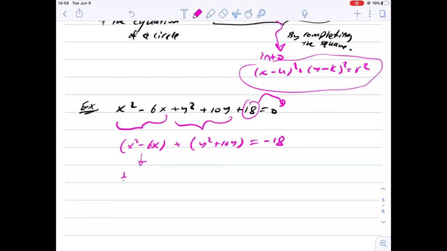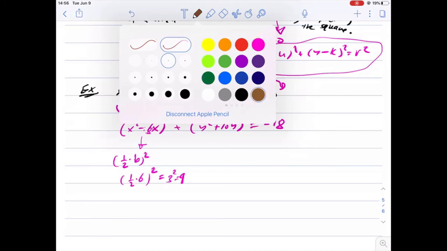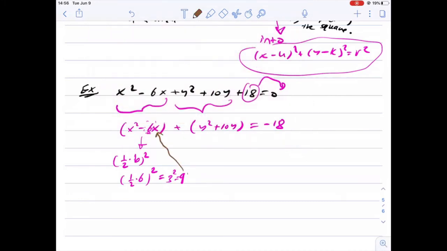How to complete the square? If you remember from the previous video, we take the coefficient of x, I mean b, and the coefficient of x squared is a, so we multiply b by 1/2 and square it. So 1/2 times 6, and we don't need to worry about the negative sign because we are squaring. So that means that will cancel the negative sign. So 1/2 of 6 is 3, squared is 9. Now we add it here and to the right hand side.